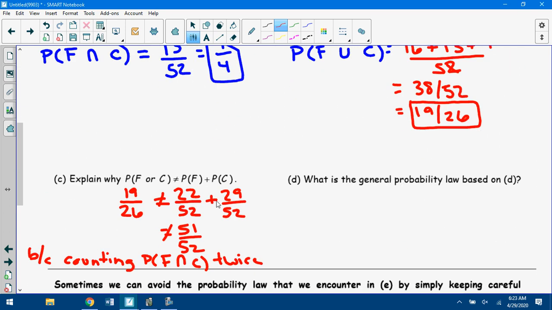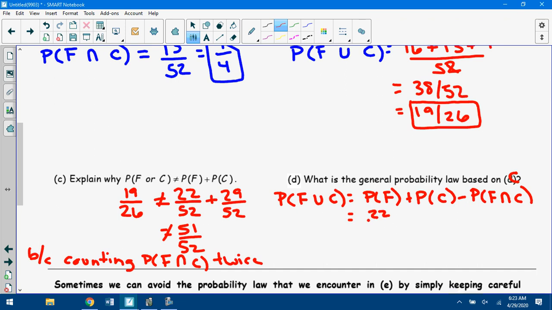So the general probability rule would be the probability of F or C is equal to the probability of F plus the probability of C minus the overlap, probability of F and C. And that formula would have worked because we would have had 22 out of 52 plus 29 out of 52.